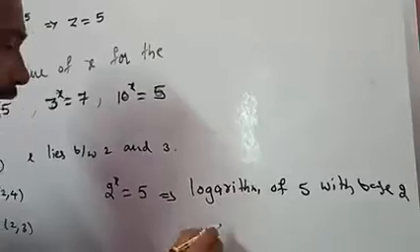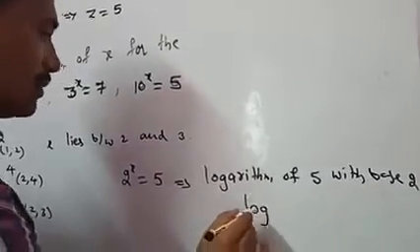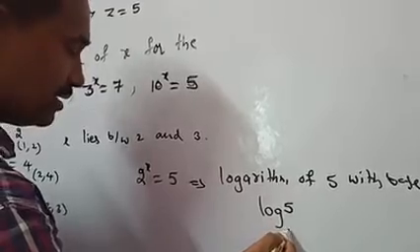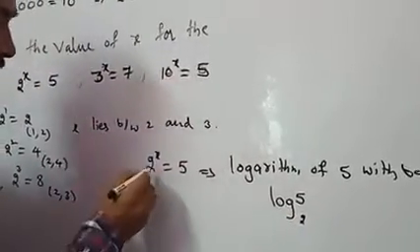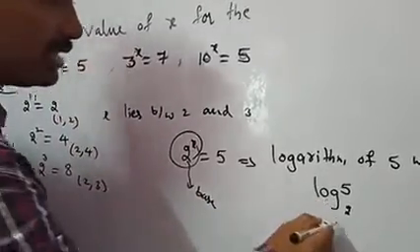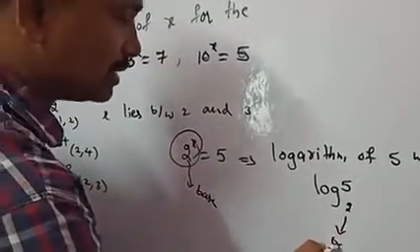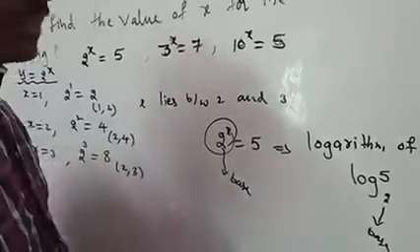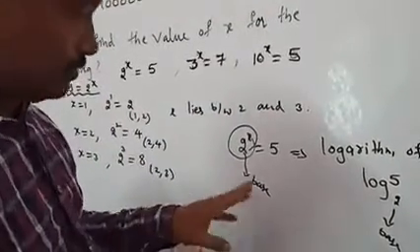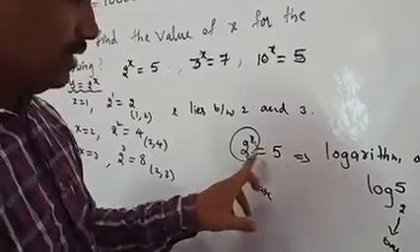This can be written as logarithm of 5, base 2. See here, in the exponential form, this is the base. In the logarithm also, we can say this is the base. Okay, this is the concept of logarithm of 5 with base 2.